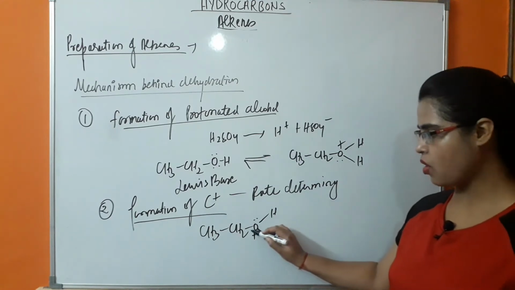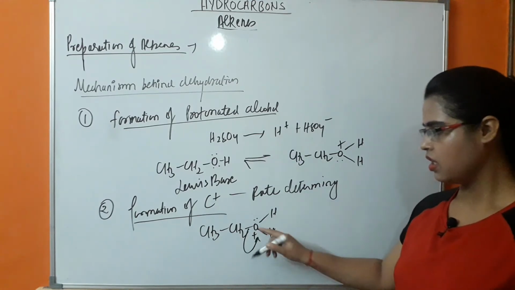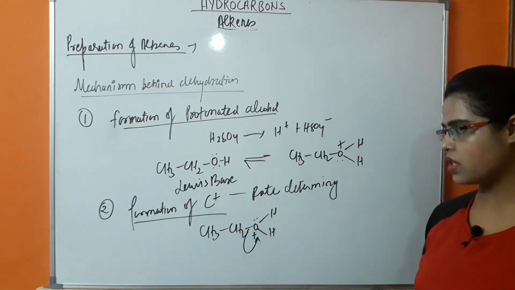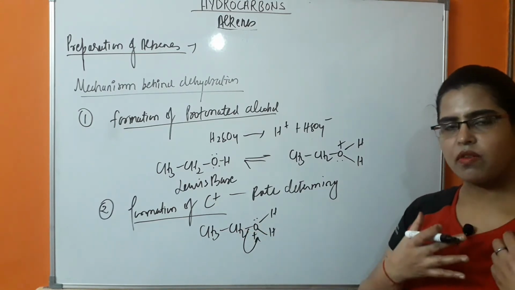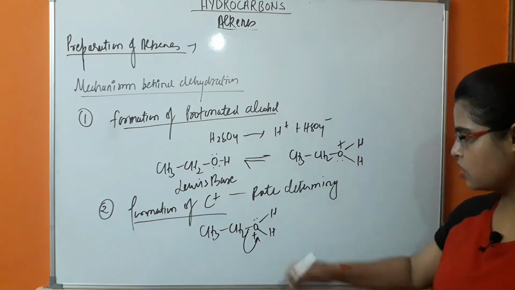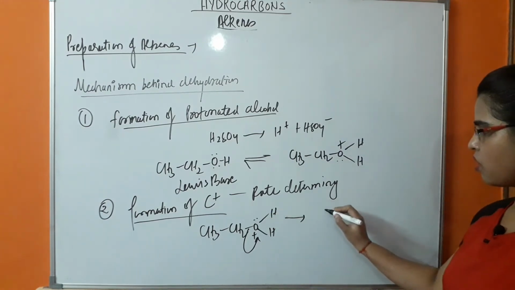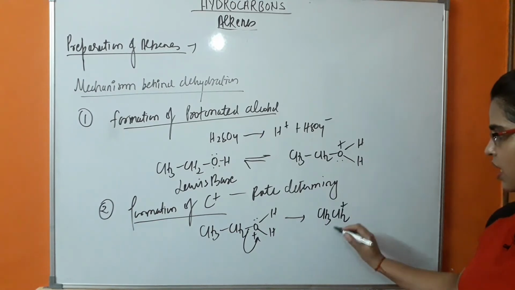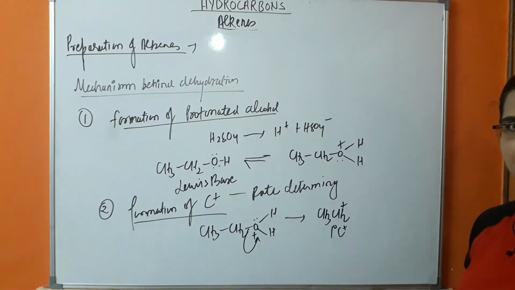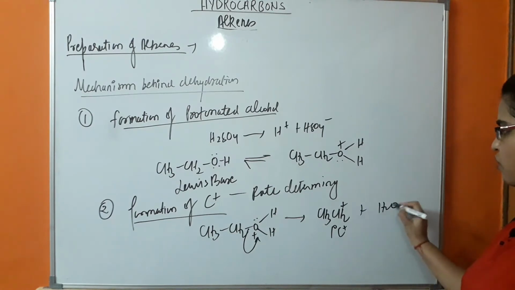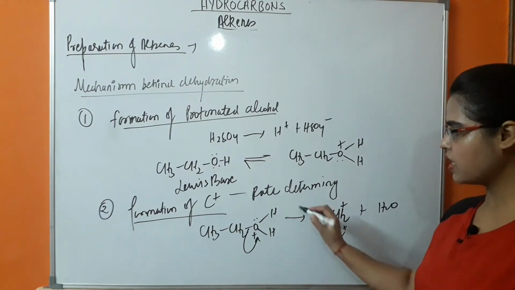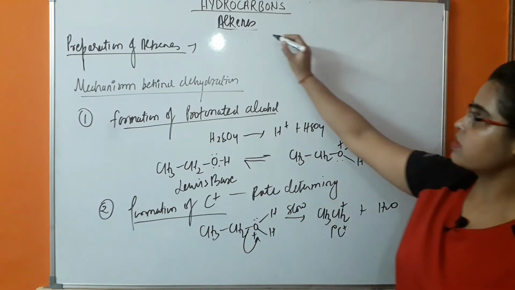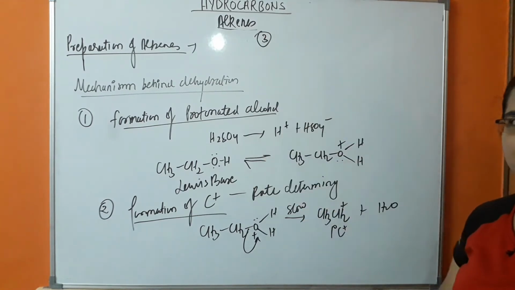Because of that this oxygen will attract the bond towards itself, that is the carbon oxygen bond will be shifted towards the oxygen, the shared pair of electrons will be shifted towards the oxygen, due to which there will be formation of CH3CH2 plus, that is 1 degree carbocation, and removal of H2O will take place. This is the rate determining step. It is a slow step. The final step, that is the third step, will be a fast step.